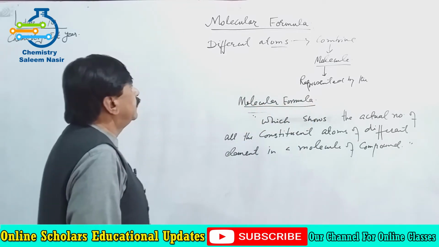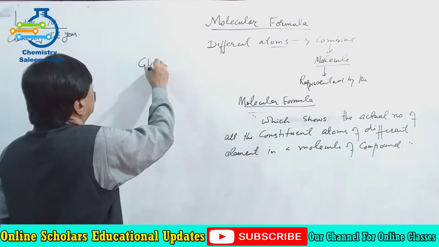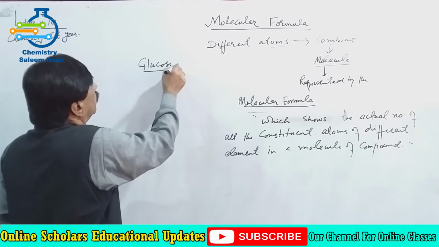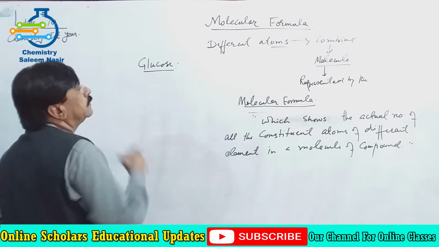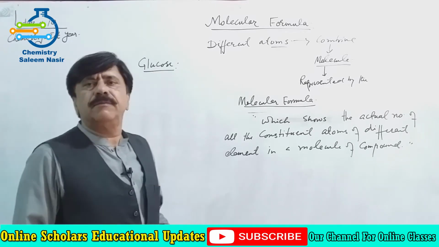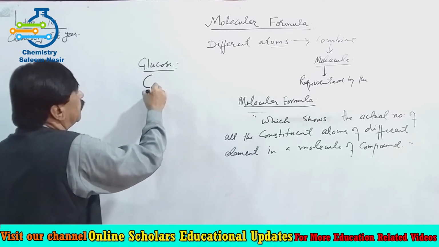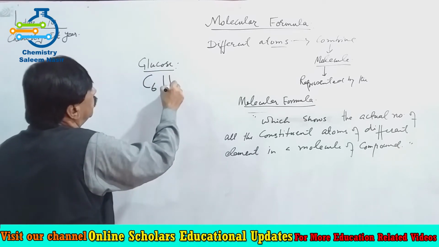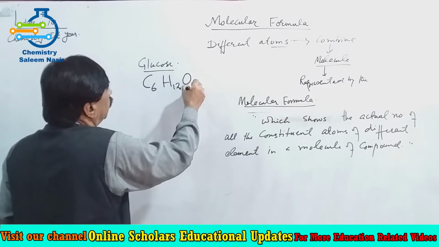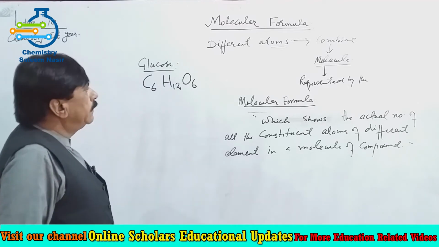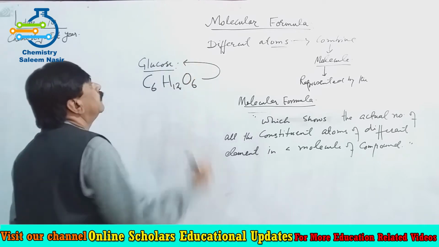For example, we consider the example of glucose, and in glucose different atoms combine to give the molecule of glucose, in which 6 atoms of carbon, 12 atoms of hydrogen and 6 atoms of oxygen combine to give the molecule of glucose.